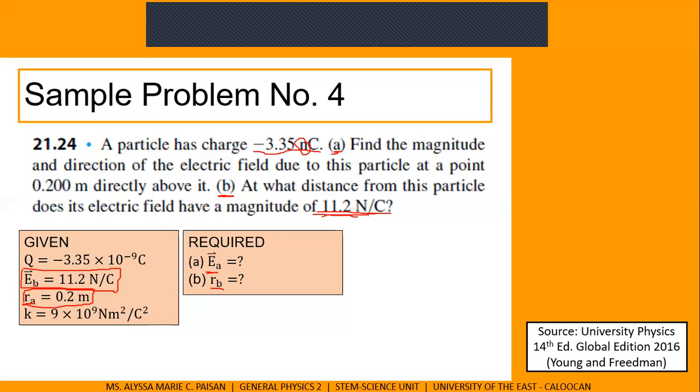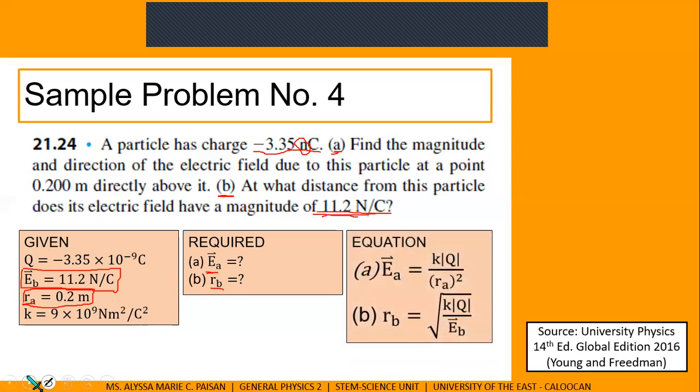Kaya meron tayong E sub B, which is the electric field for finding what is missing in letter B. For the equation, E sub A will be KQ over R A squared. Notice, parehong charge lang naman yung nag-a-act sa parehong situation. Magkaiba lang yung electric fields. Paano nagkaiba yun, ma'am, yung electric field strength? Kasi magkaiba sila ng distance from the point charge, okay?